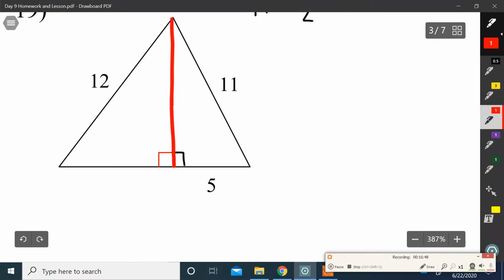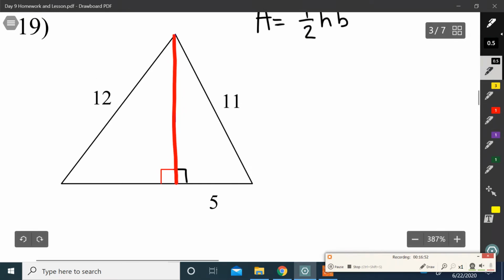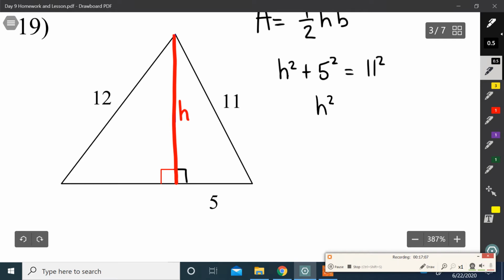Okay, but we can use the Pythagorean theorem in order to figure out what the height is. Let's say that this right here is h. Okay, so that means using the Pythagorean theorem that h squared plus 5 squared should equal 11 squared.